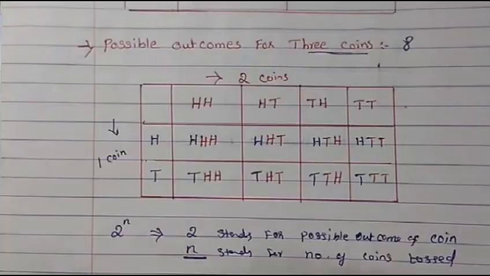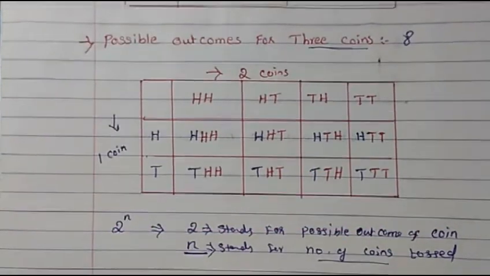So n is for the number of coins, and 2 is for the possible outcomes of a coin.